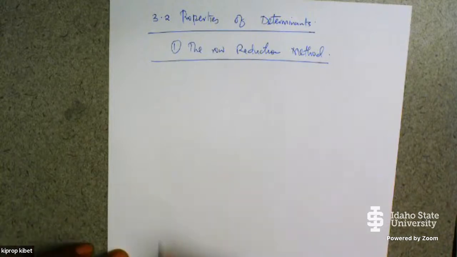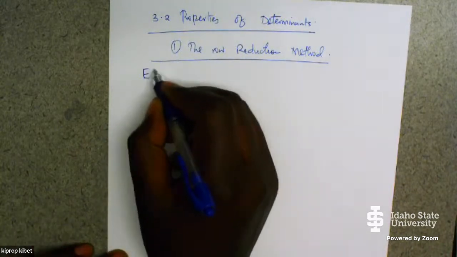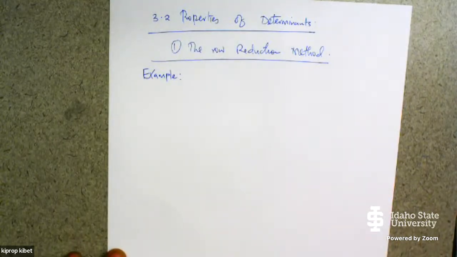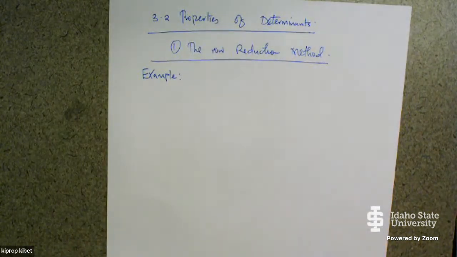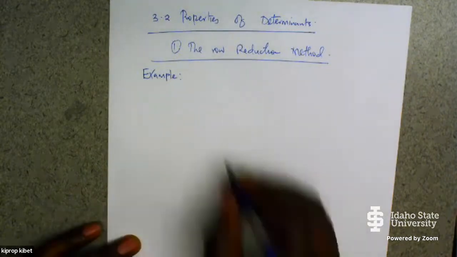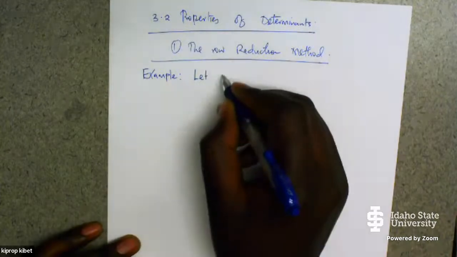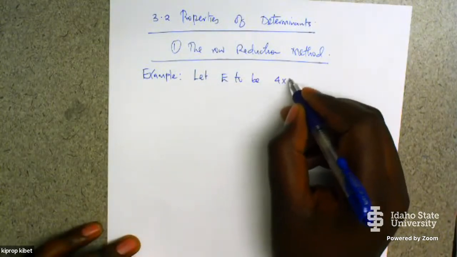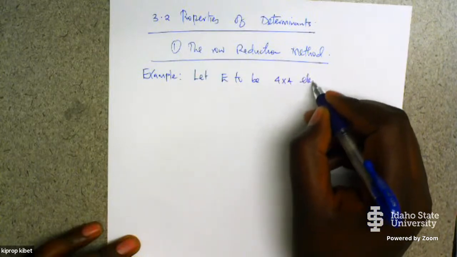Now let's see an example, and we are going to see this on our elementary matrix. Let E be a 4 by 4 elementary matrix.